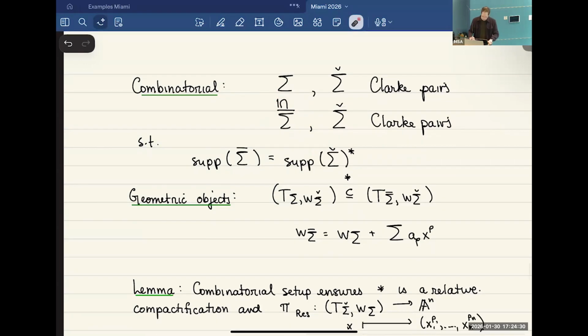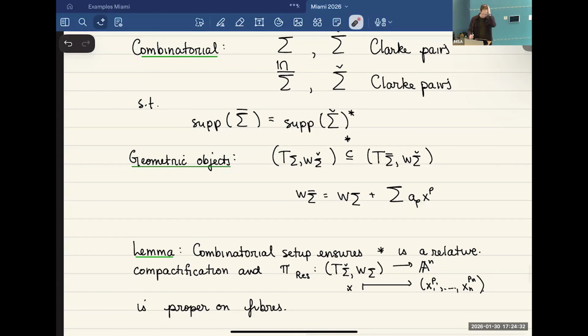Okay, so the basic lemma here is that the combinatorial setup that I mentioned implies, first of all, that this here is a relative compactification, or close enough to being a relative compactification, that I can compute a weight filtration using Sabbah's construction.